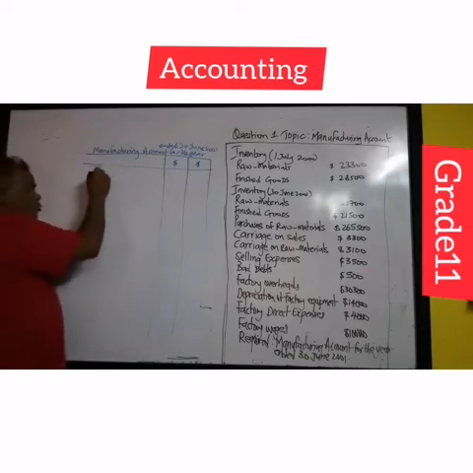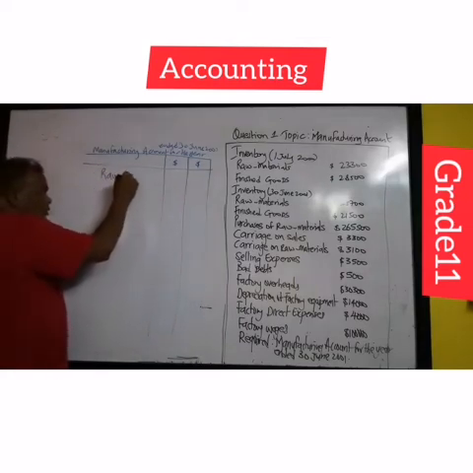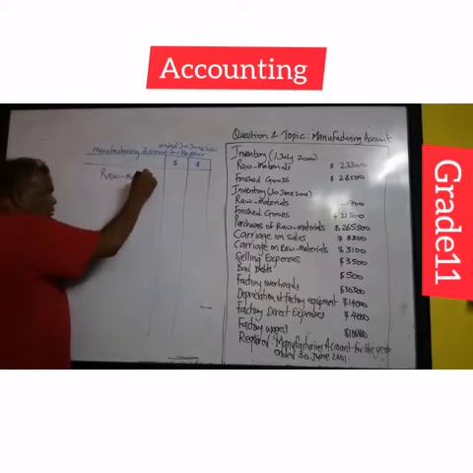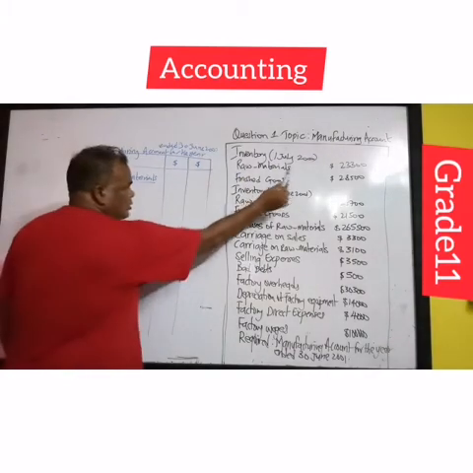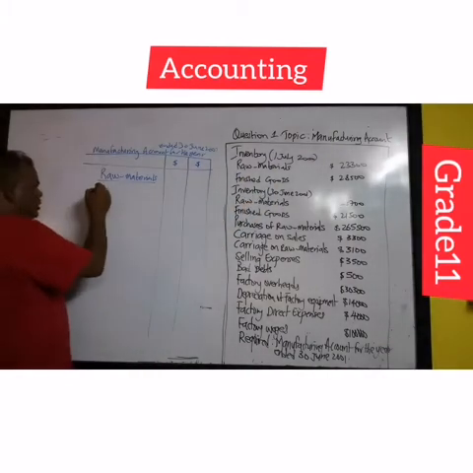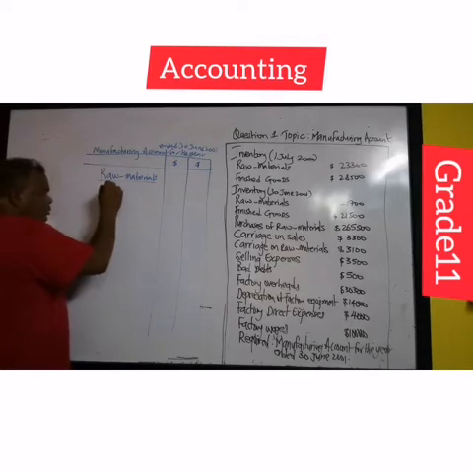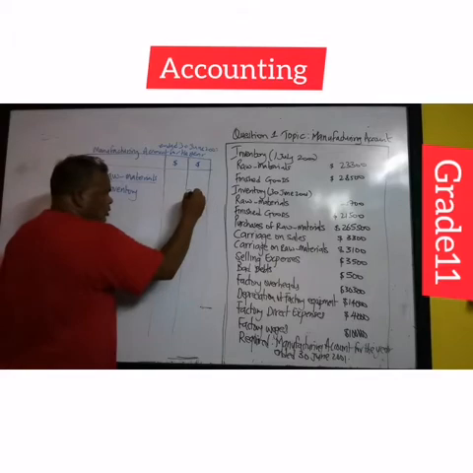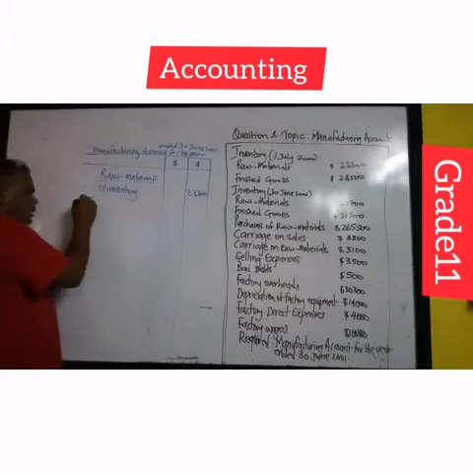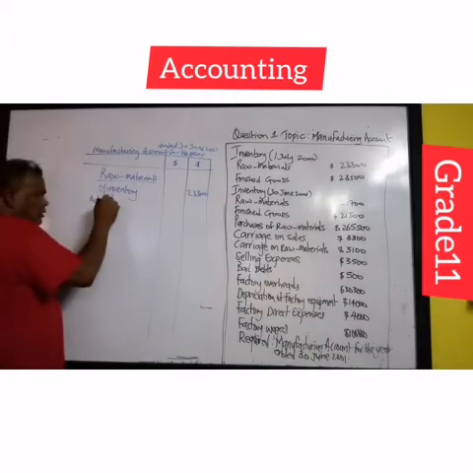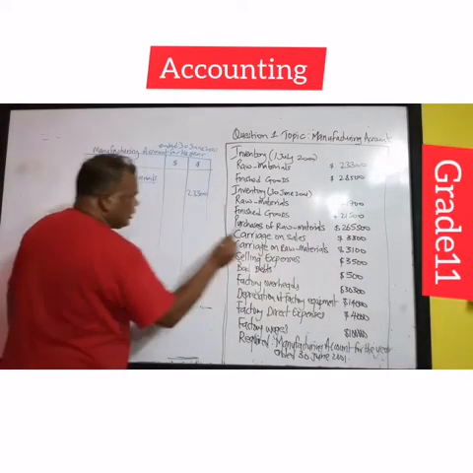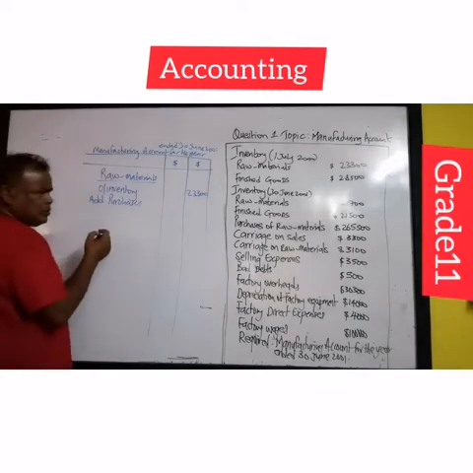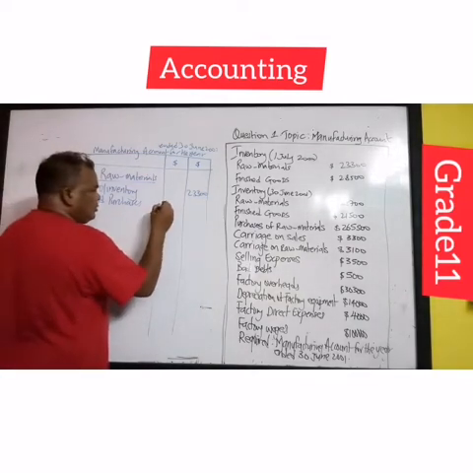First we will have raw materials. We have to underline the title, raw materials. So opening inventory of raw materials, 23,300. And then we have to add purchases of materials. Purchases of material has been given, 265,500.